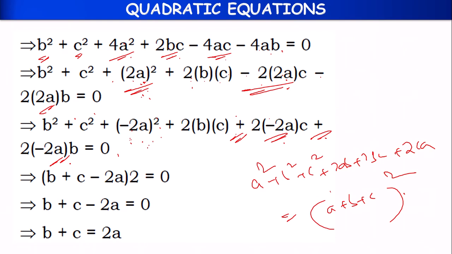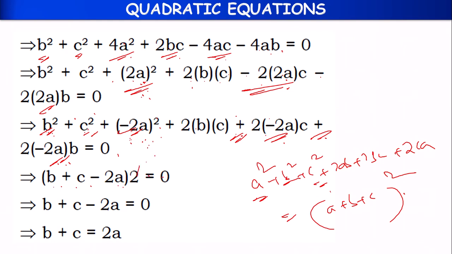So now in the place of a we have b, in the place of b we have c, in the place of c we have minus 2a. Means a plus b plus c whole square. It is in the form of a square plus b square plus c square plus 2ab plus 2bc plus 2ca, whose formula is (a plus b plus c) whole square, (b plus c minus 2a) whole square.